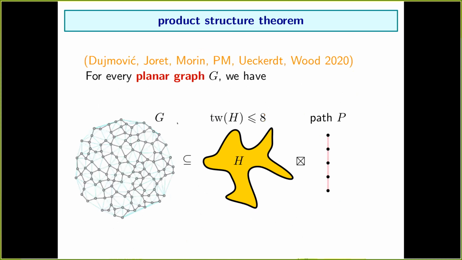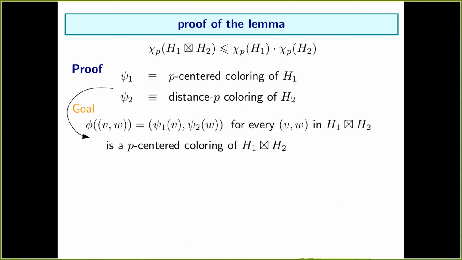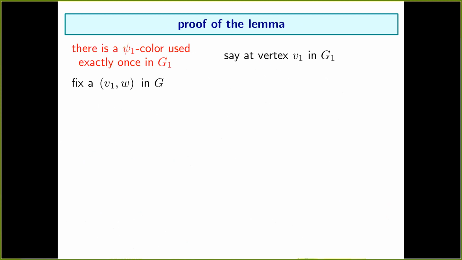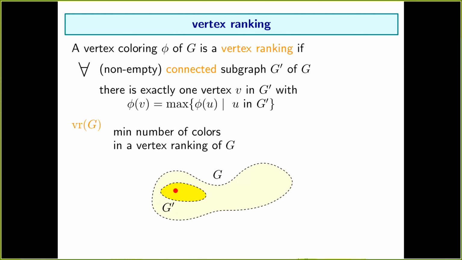Yes, that's the outline. Now let's have a look at the second, quite similar coloring, vertex ranking. A vertex coloring of a graph I call a vertex ranking if for every connected subgraph of my graph, there is exactly one vertex that carries the maximum color.